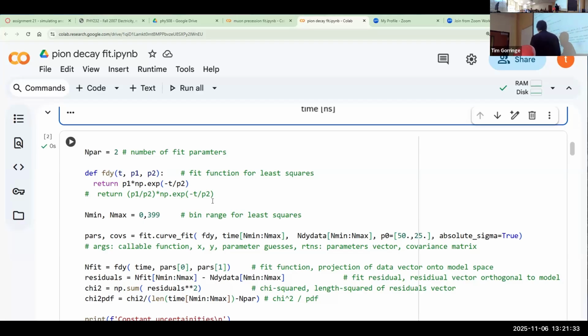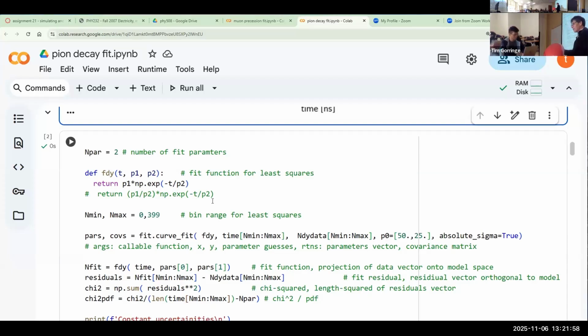Anyway, that's my function, and ignore this, we might come back to it. There's two other things I defined here that were kind of handy to me. This is just a record of the number of parameters in the function, so two. And these two parameters here, nmin and nmax.